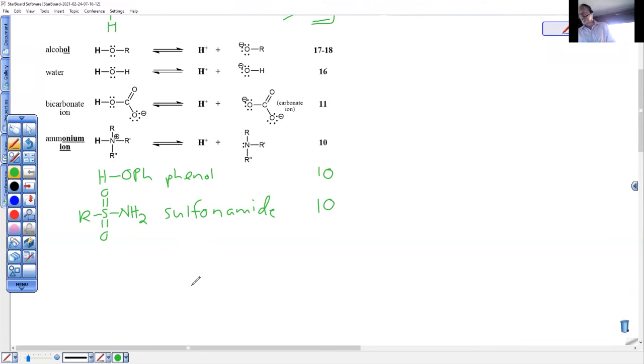We learned also another 10 when we had a carbonyl on one side and on the other. So alpha to 2 carbonyls. Another 10.